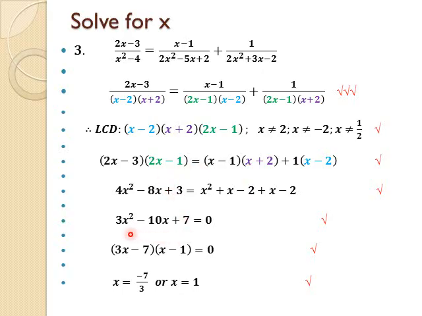So if I factorize, 3 is a prime number, I have 3x times x. 7 there is a prime number, middle term negative, so negative 7 times negative 1 to get positive 7. But minus 7x minus 3x gives me minus 10x. So x equals positive 7 over 3, shouldn't read negative, or x equals 1.